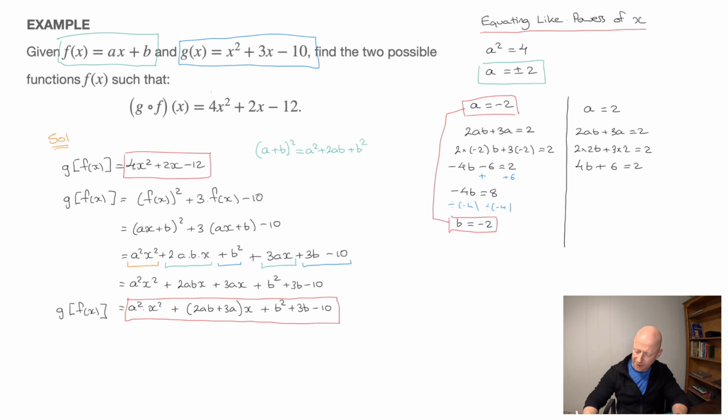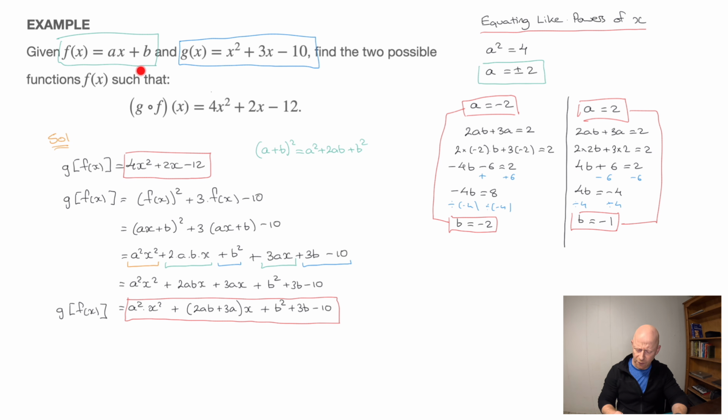And now solving this by subtracting 6 from both sides quickly leads to 4b equals 2 minus 6, which is negative 4. And finally, dividing both sides of this equation by 4, we obtain b equals negative 4 divided by 4, which is negative 1. And that's the other possibility. If a equals 2, then b would have to equal negative 1.